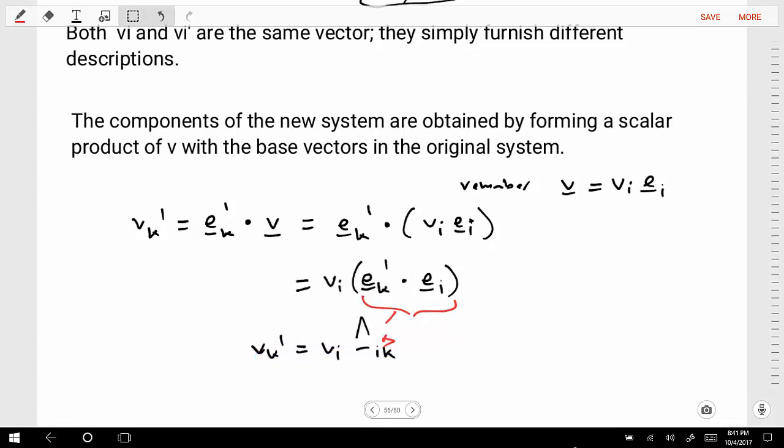And so we find that our transformation tensor can be applied to the transformation of vectors.